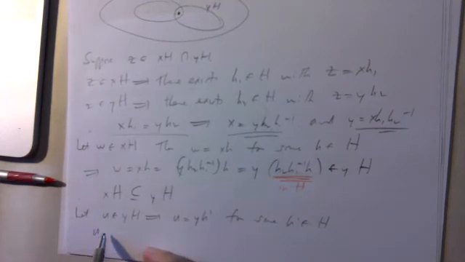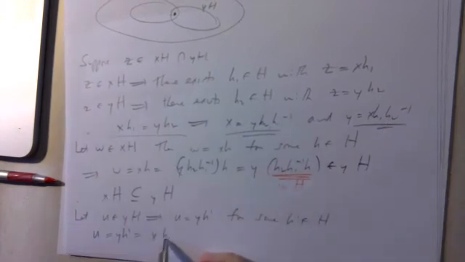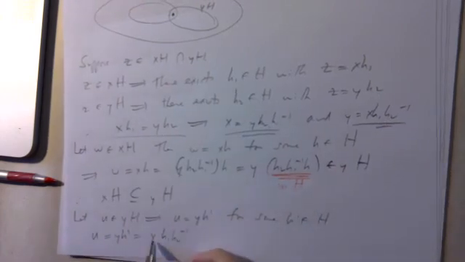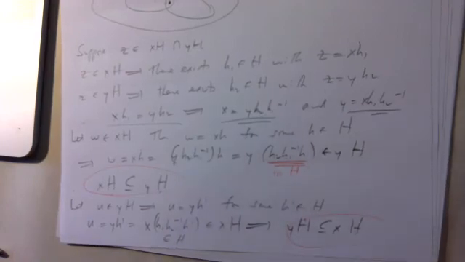So u, which is yh', I can write as xh1 h2 inverse h'. This is x times an element of H. So this is in xH. So every element in the left coset yH is contained in the left coset xH. So I have xH contained in yH, yH contained in xH. If two sets have the property that each is contained in the other, then the sets are equal.